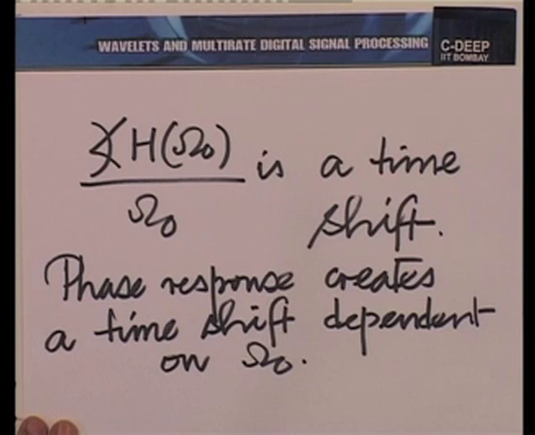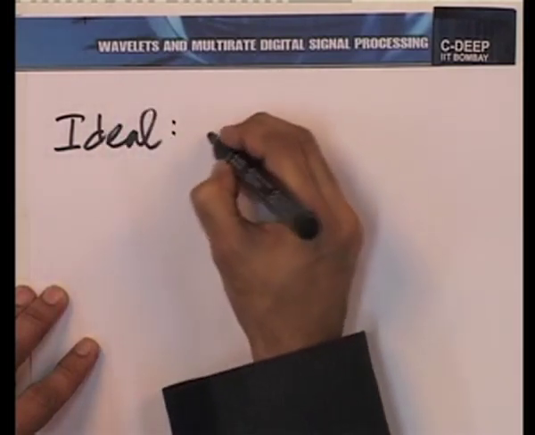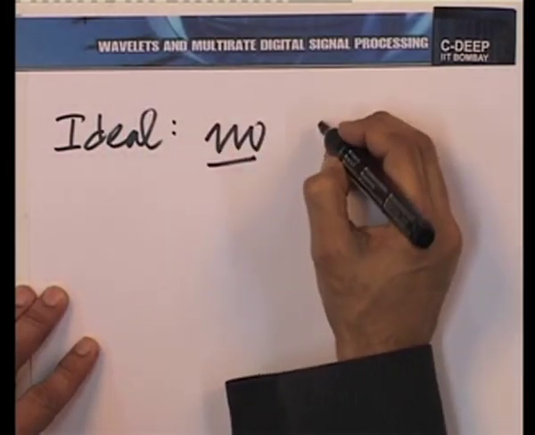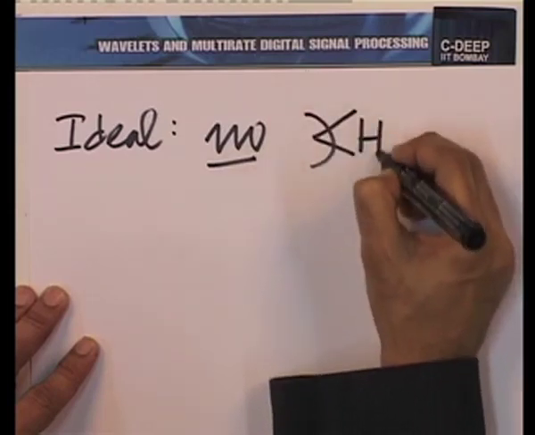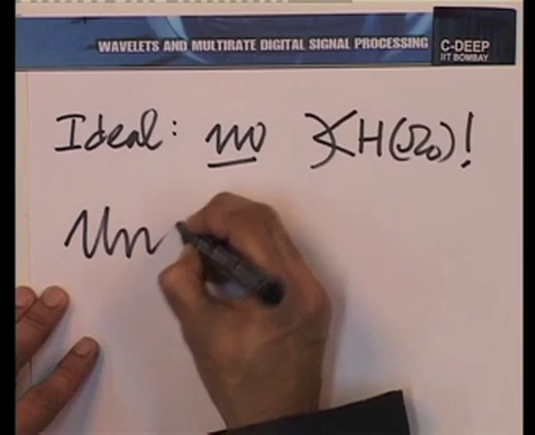What is a good situation to have? An ideal situation is no phase response. This is unachievable.